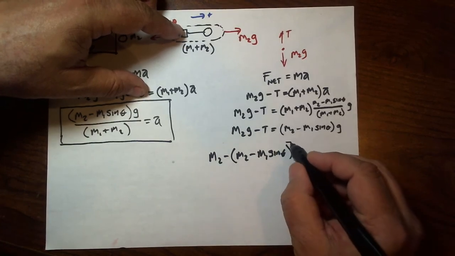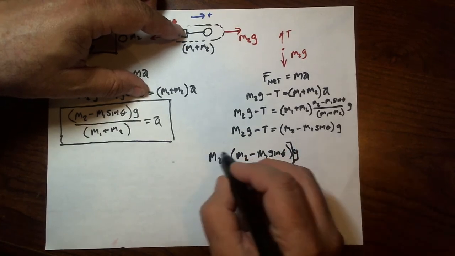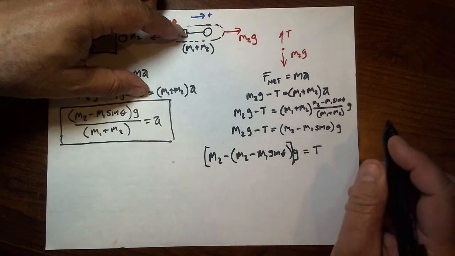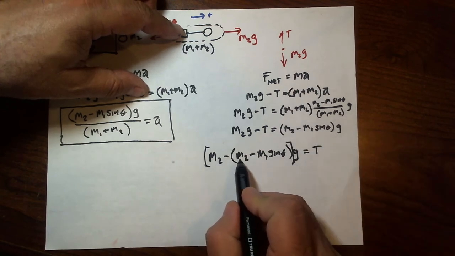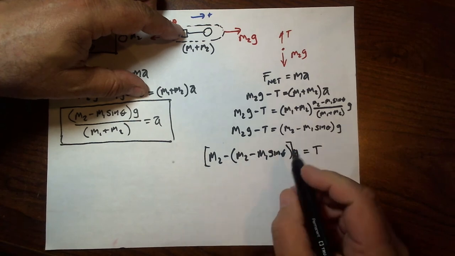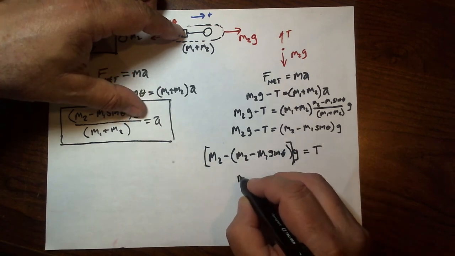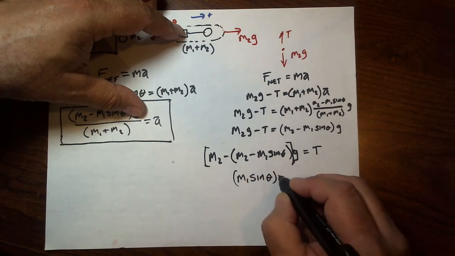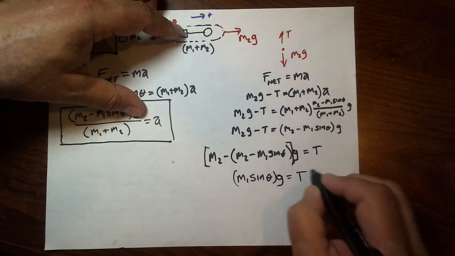Ooh, all of it times g. Check it out. There's a g here and there's a g there. So all of this times g equals t. Well, m2 minus m2 is nothing, and minus of a minus of m1 sine theta is something. So we got m1 sine theta quantity times g equals t.